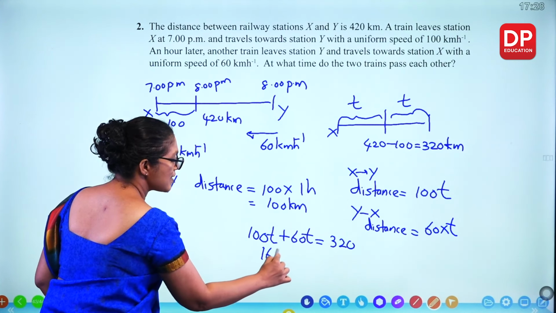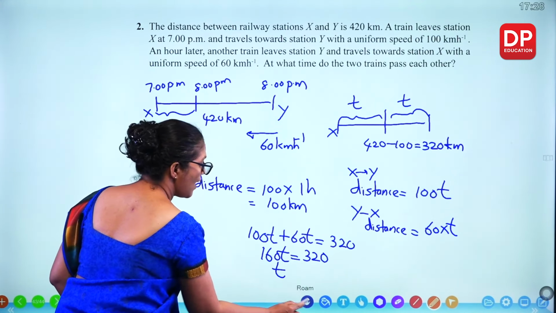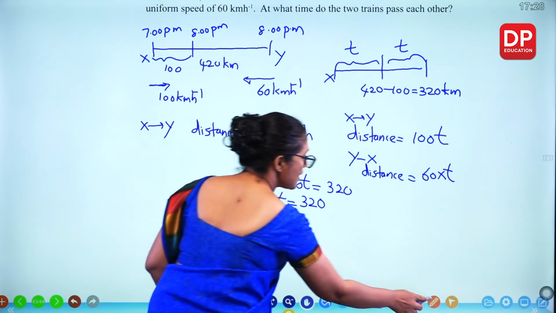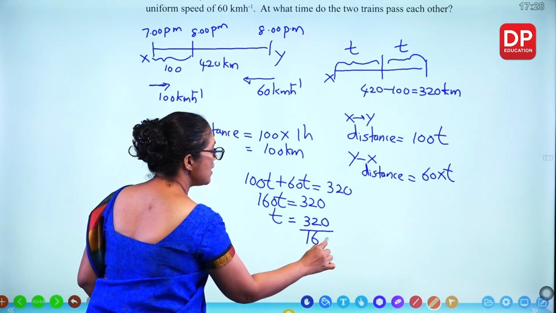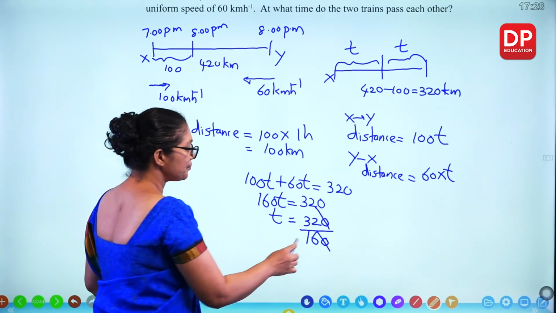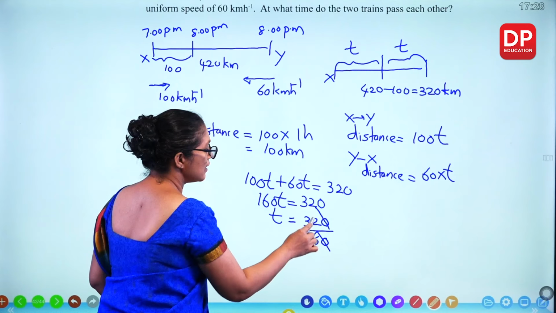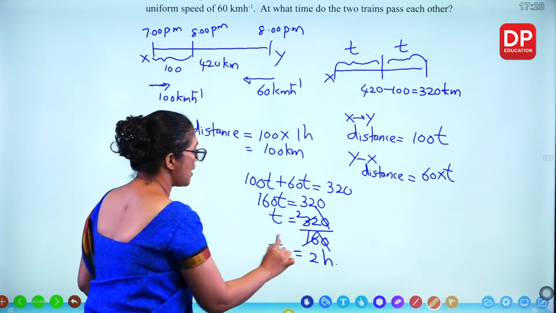This is 160T equals 320. So what is the T value? T is equal to 320 divided by 160. The zero gets cancelled out. You get 2, so 2 hours for the time.